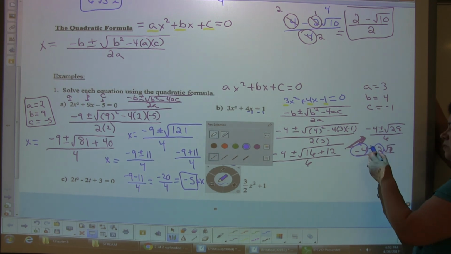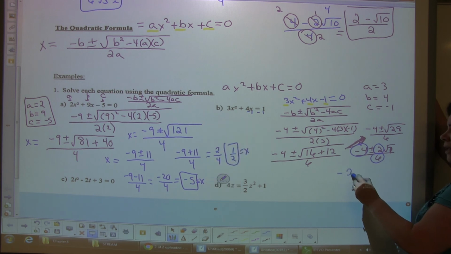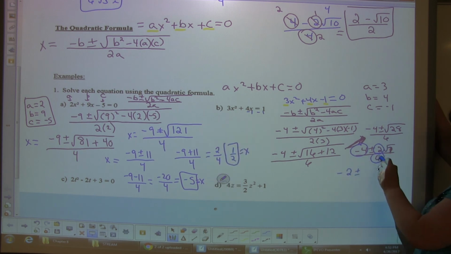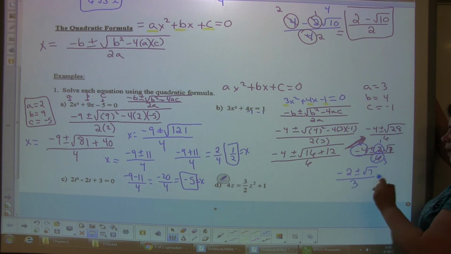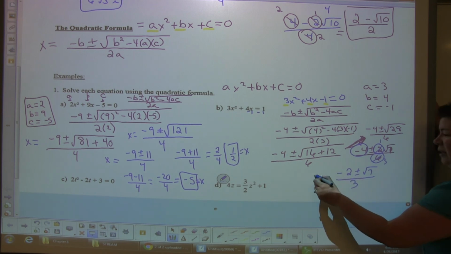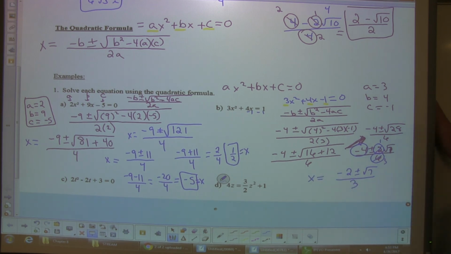So if I reduce those by a factor of 2, I'm going to get negative 2 plus and minus 1 root 7, which is the same as root 7, all over 3. Okay? So x equals negative 2 plus or minus root 7 over 3.